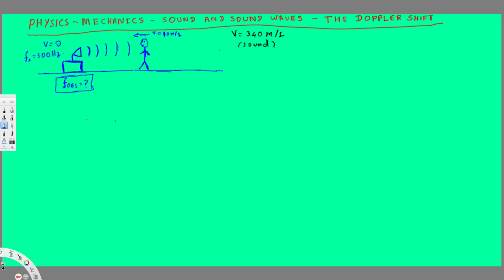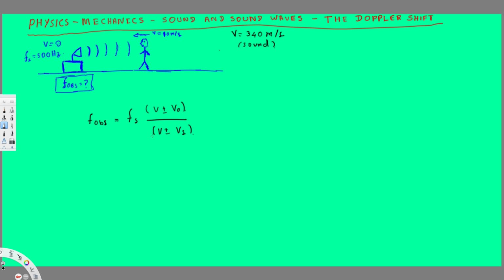So first of all, we have the equation for this, that is f observer is equal to f source, the frequency produced by the source, times v plus or minus v observer, where v is the velocity of the sound. And then in the bottom we are going to have v plus or minus v source, right?